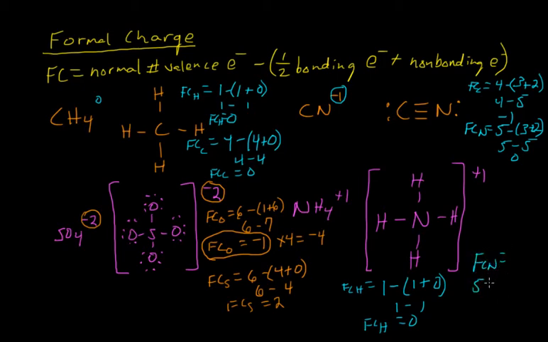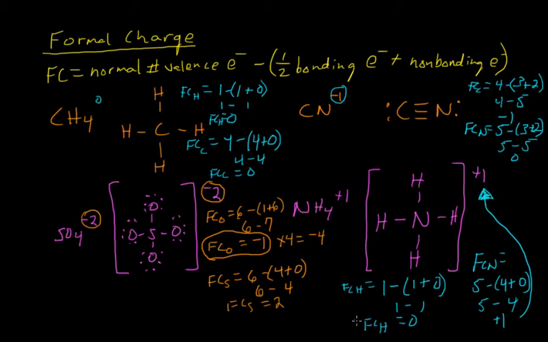Nitrogen normally has 5, so we're going to subtract half of the bonding. The bonding is 2, 4, 6, 8 electrons. Half of 8 gives me 4, and I'm going to add that to the non-bonding. Nitrogen doesn't have any electrons that are not bonding, so that's going to be 0. So 4 plus 0 is 4, and 5 minus 4 gives me a positive 1. And when I add a positive 1 to a 0, I get the positive 1 that's here.